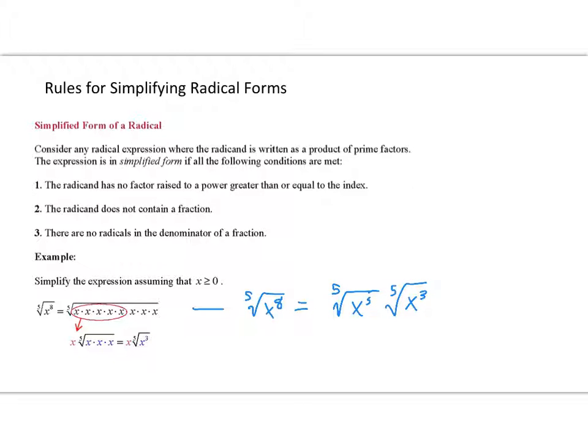Notice here I've broken 8 into two pieces under the radical, and I can do that using the rules of radicals. Now this one just becomes x, and I'm left with the fifth root of x cubed.